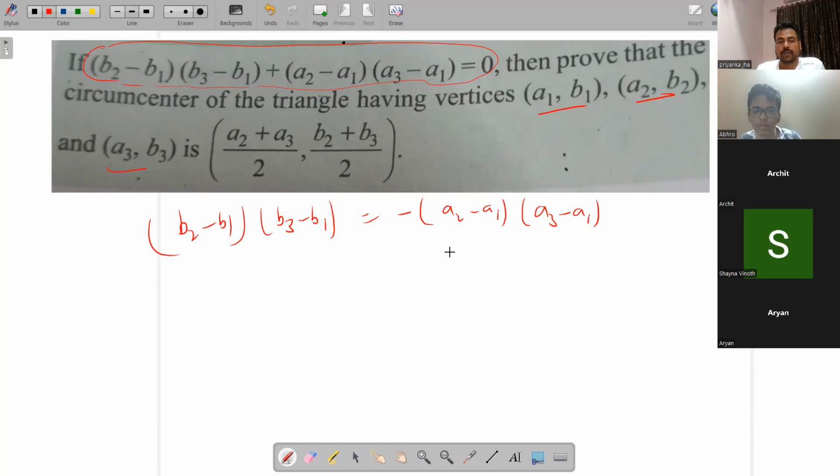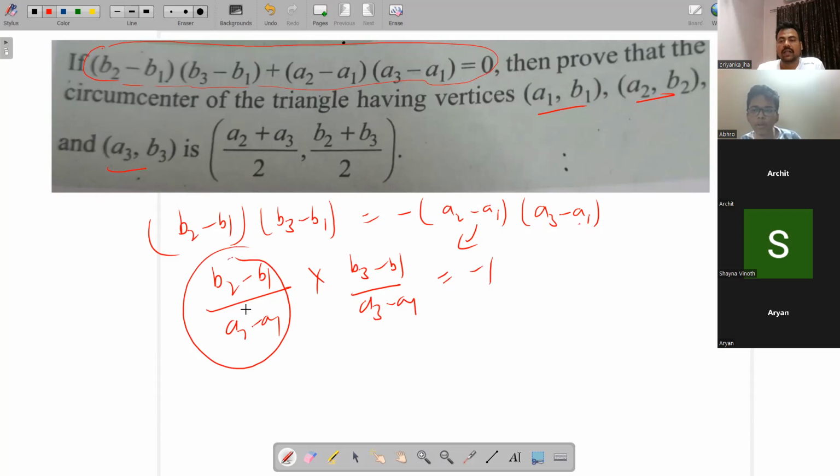So bring this to left: b2 minus b1 upon a2 minus a1 into b3 minus b1 upon a3 minus a1 equals minus 1. What is this? This is the slope of the line joining these two points, and this is the slope of the line joining this and this. The product of the slopes is -1. It means that it is a right angle triangle.